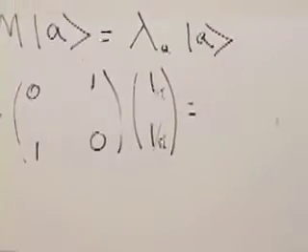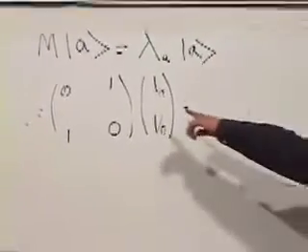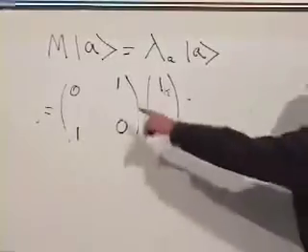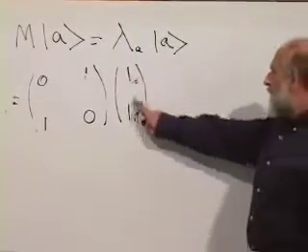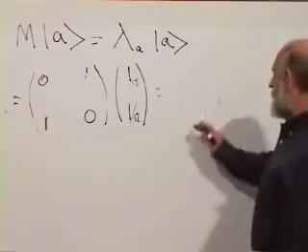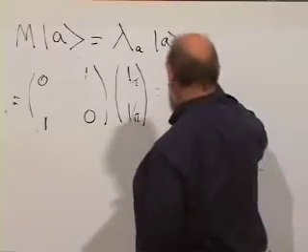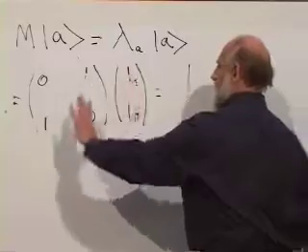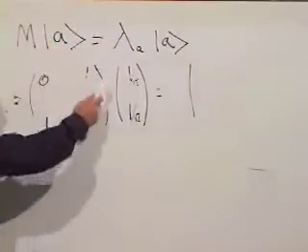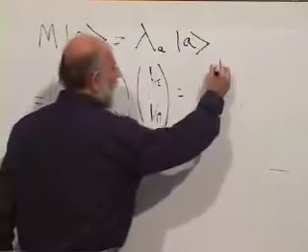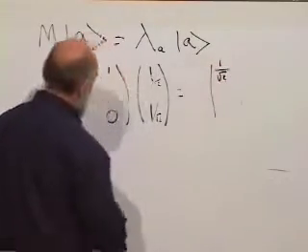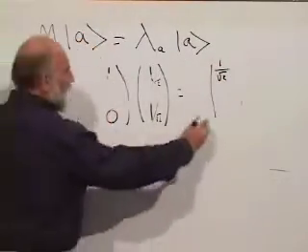Just to remind ourselves to always normalize vectors. All right, what is this matrix times this vector? We take the 0, 1, and we multiply it by these two elements, and what do we get? We get 0 times 1 over square root of 2 plus 1 times 1 over square root of 2, which is 1 over square root of 2. And likewise in the bottom.